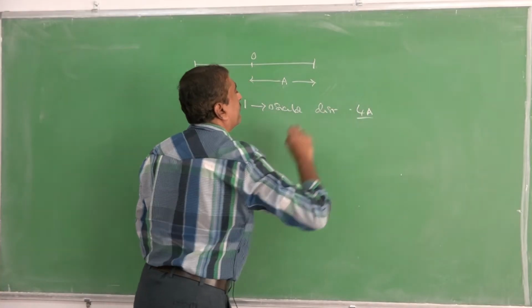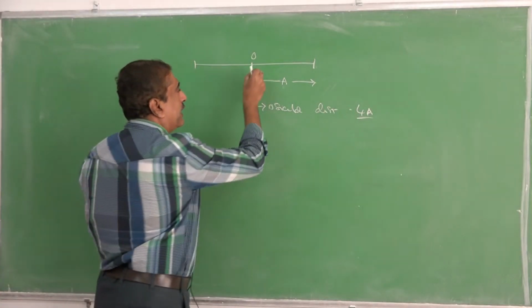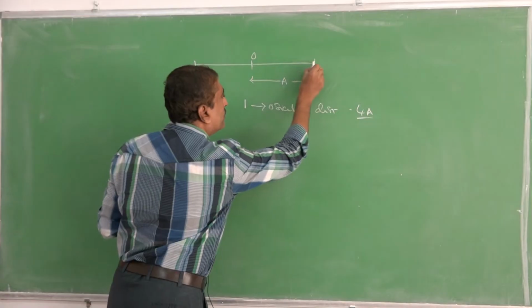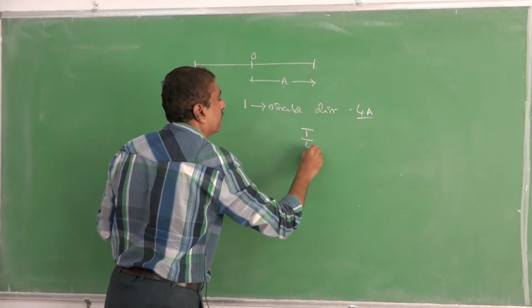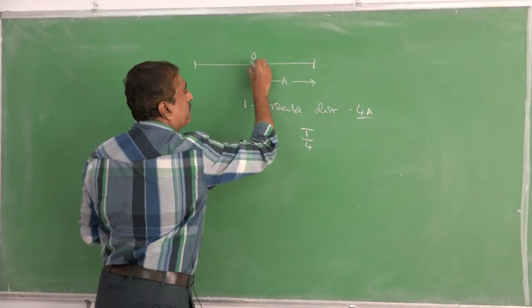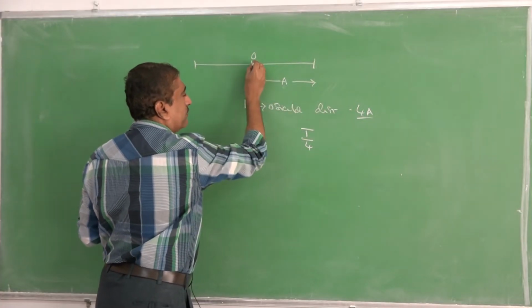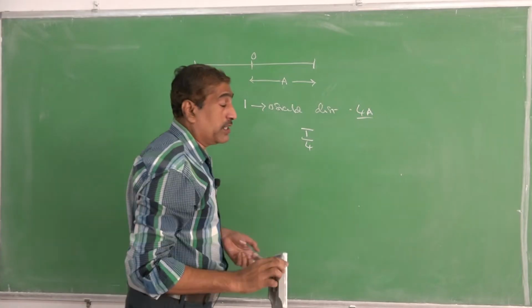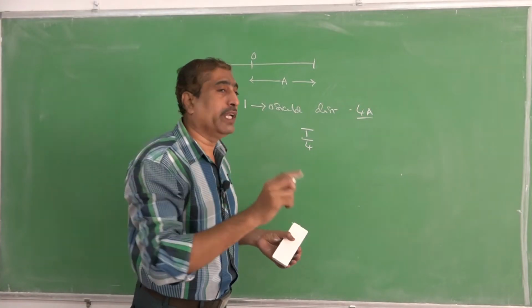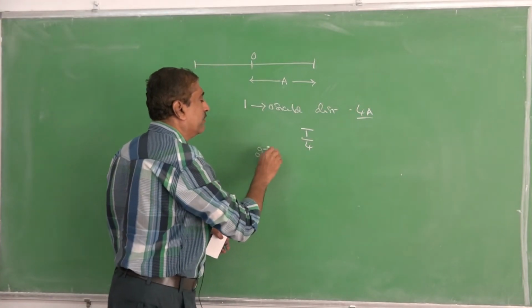You remember this one. Okay. So, time taken to go from O to this amplitude is T by 4. You remember this, because from here to here T by 4, and then T by 2, 3T by 4 and T. Okay. And you also remember that after every time period T, the same position will be repeated.